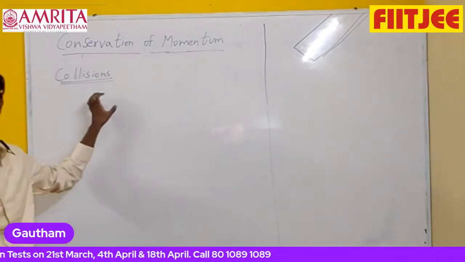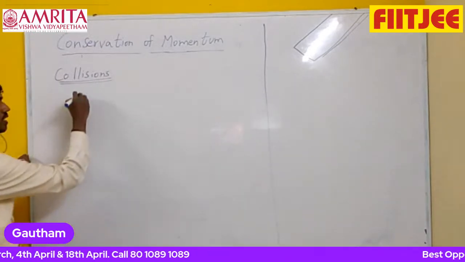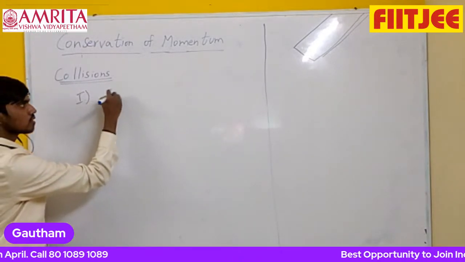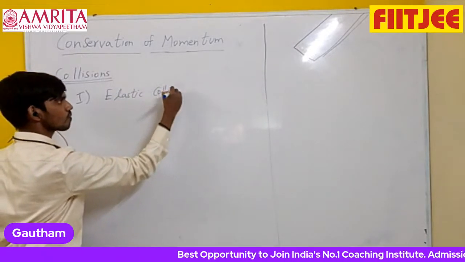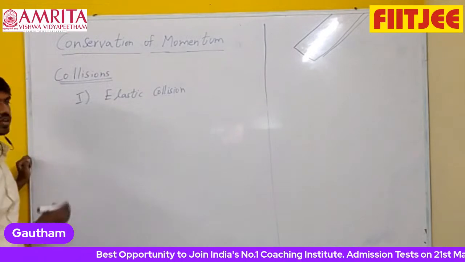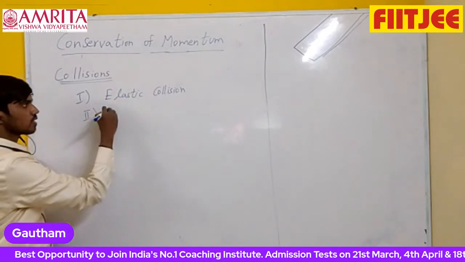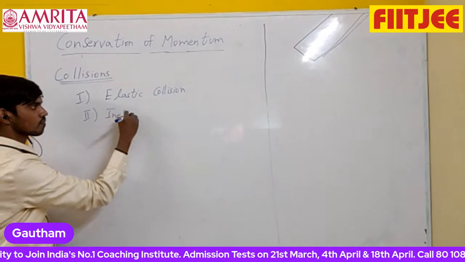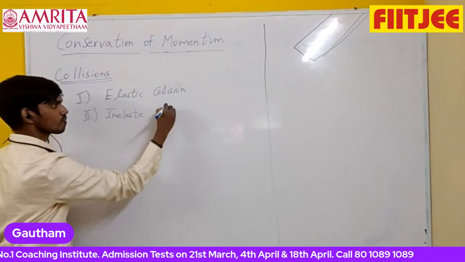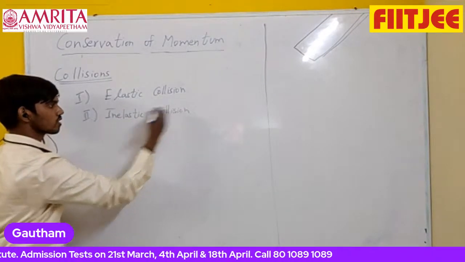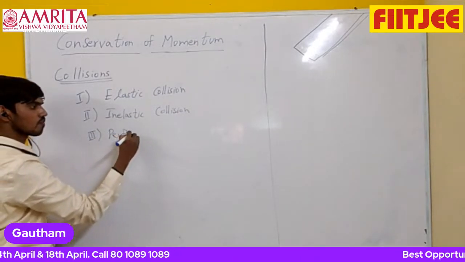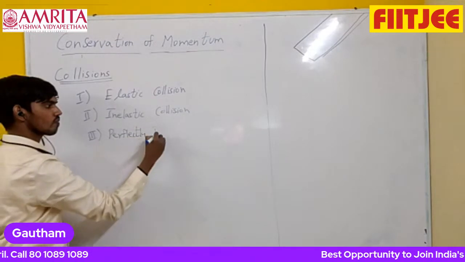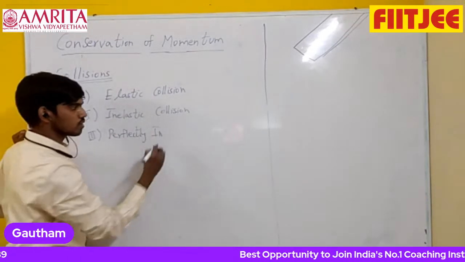What are the types of collision? First, elastic collision. Then inelastic collision. And third is perfectly inelastic, or completely inelastic, collision.